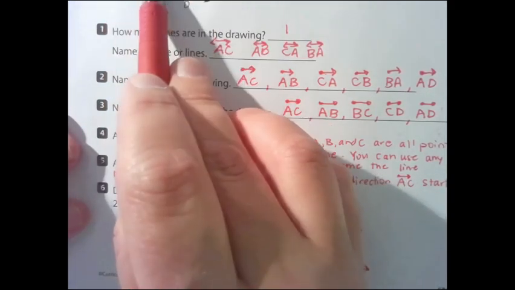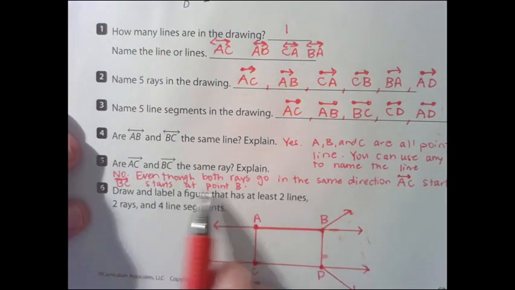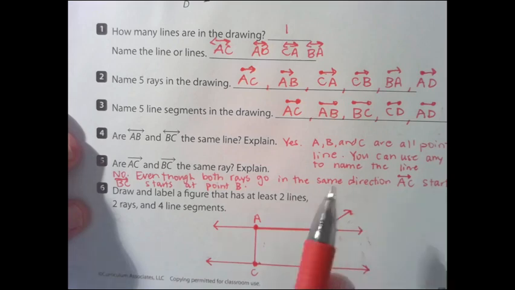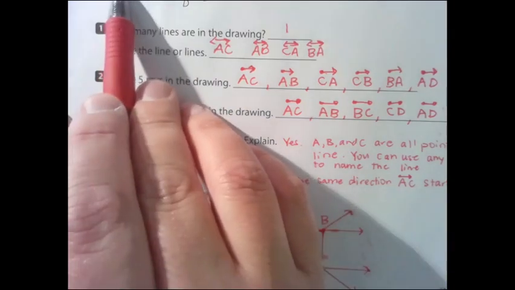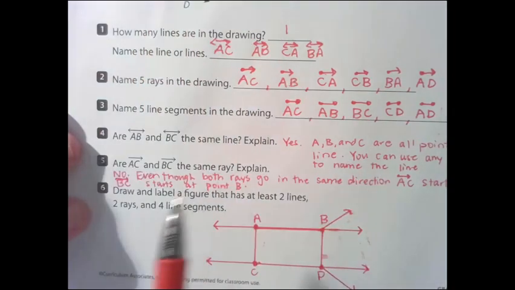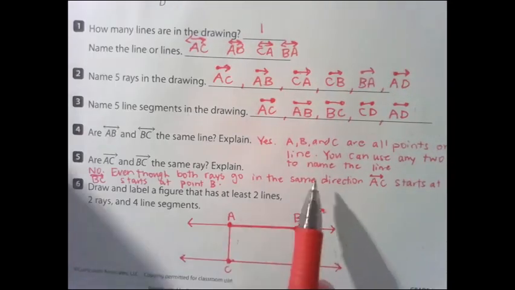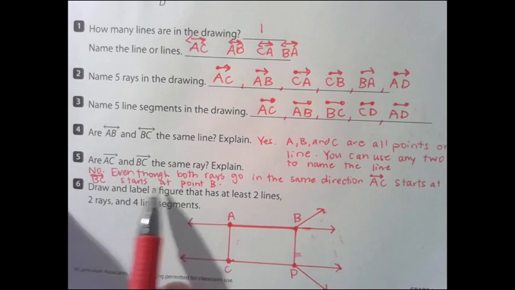AC goes this way, BC goes that way. They're not the same ray because they have different starting points. AC starts with point A and BC starts with point B. So here's what I wrote down: even though both rays go in the same direction, AC starts at point A and BC starts at point B.